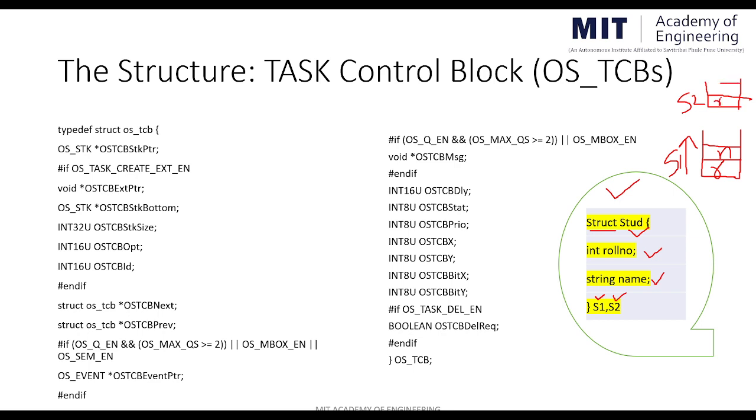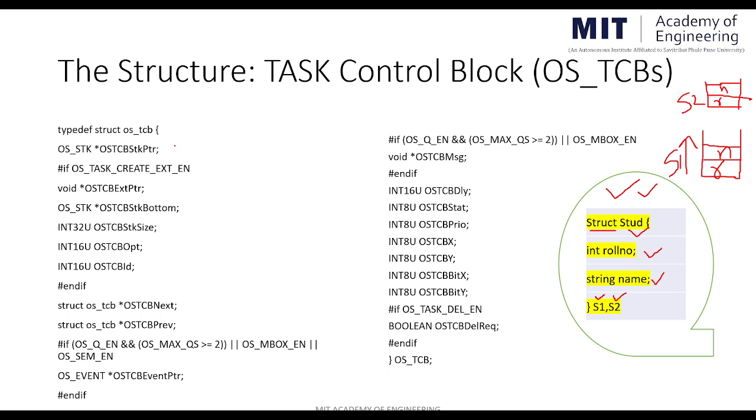In this way, the structure helps us keep the database in the form of a memory block, and we can create any number of such variables with the same structure. This is just a review, a recalling of how a structure is written in C.